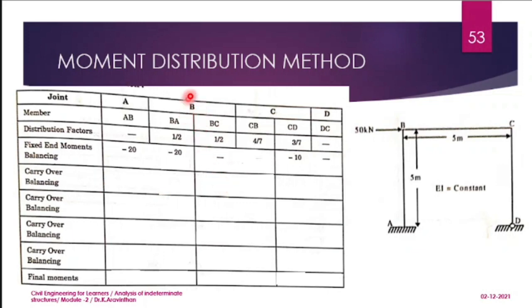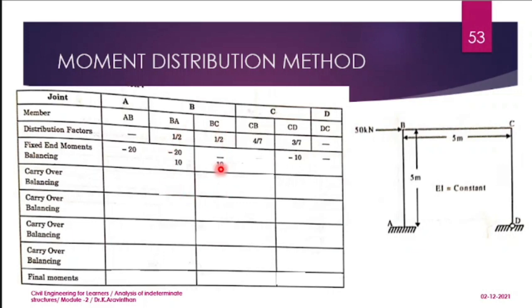So at joint B, if we are looking into joint B, you have minus 20 kilonewton meter. If you are balancing, you have to apply plus 20 into 0.5. It will be 10, 10 and 10.